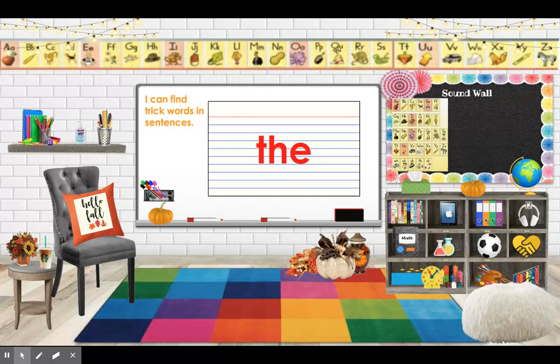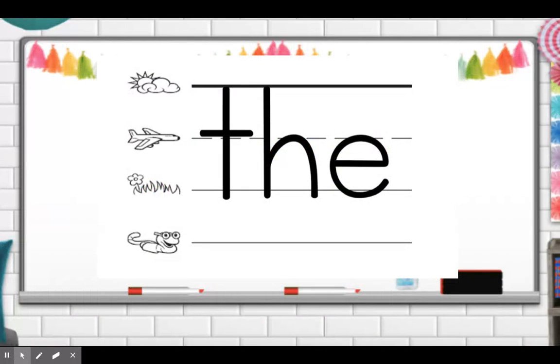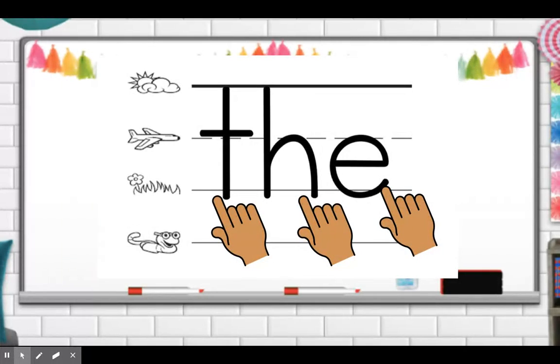Now we're going to practice one more trick word, the word the. So again, we want to use our red crayon. We want a piece of paper on top of that, something bumpy, and we're going to write the word the in red crayon. You can pause the video to write. And now we are going to trace with our pointer fingers.